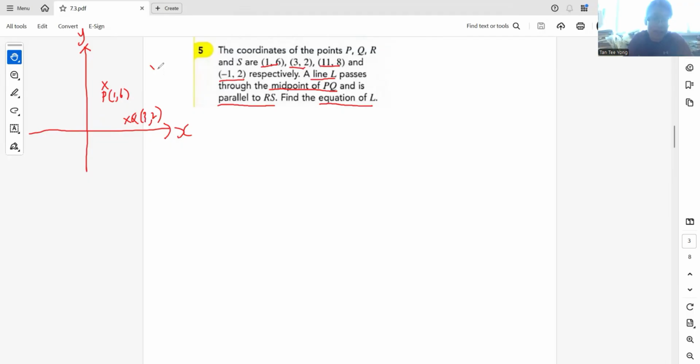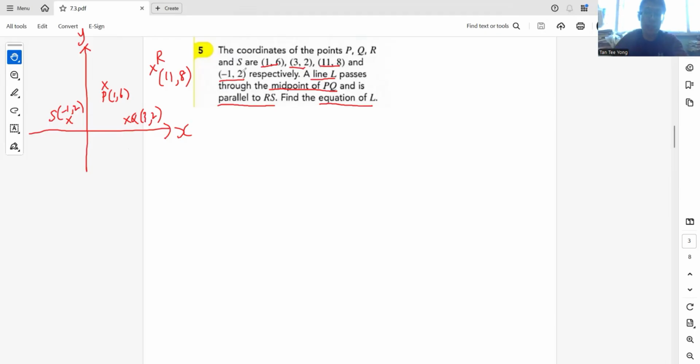R is (11, 8). Lastly, S should be somewhere here. So this is S, and this is (negative 1, 2). It will be horizontally level with Q, because they have the same y coordinate.